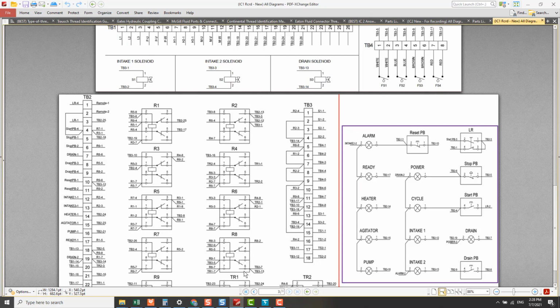When we measure TB312, there's a voltage, and TB312 connected to TB210 also has voltage. However, when we measure the reset push button point 1, which is connected to TB210, there is no voltage at both point 1 and point 10. It means either the wire is open circuit, or there is a loose connection or loose termination.